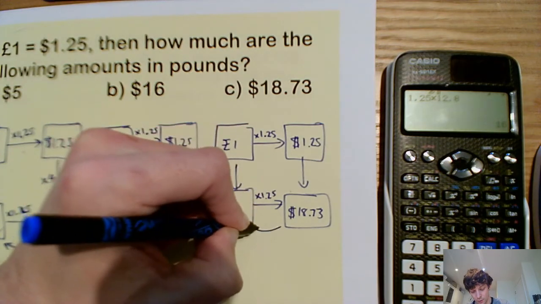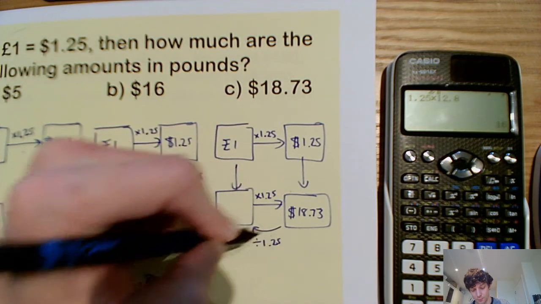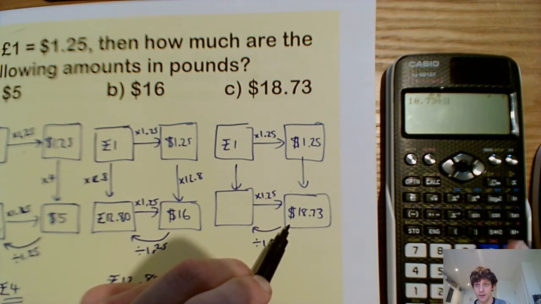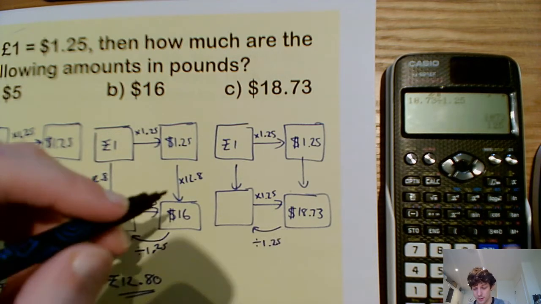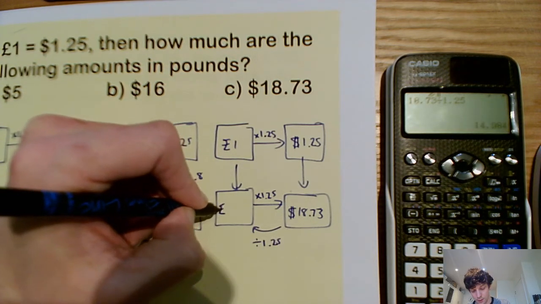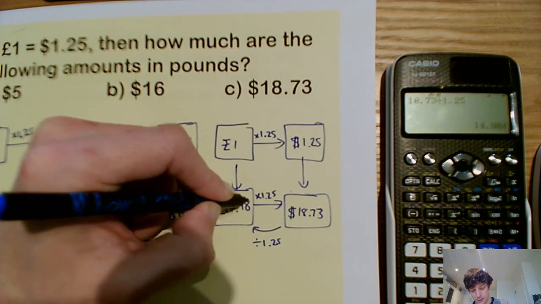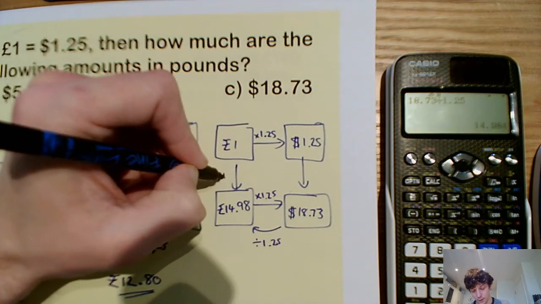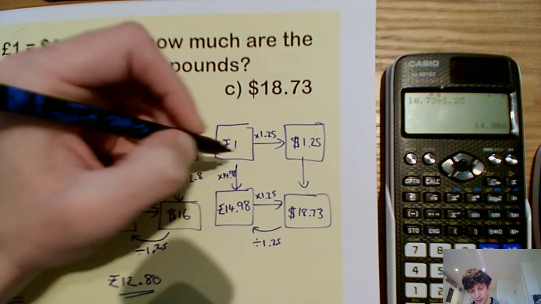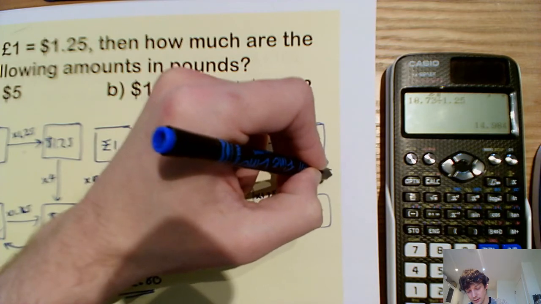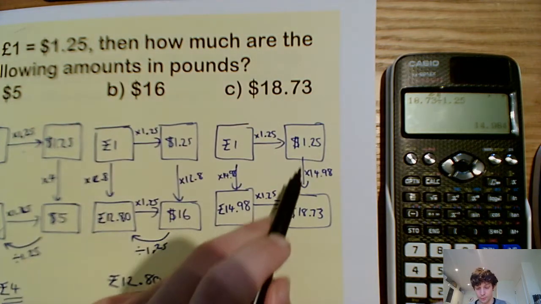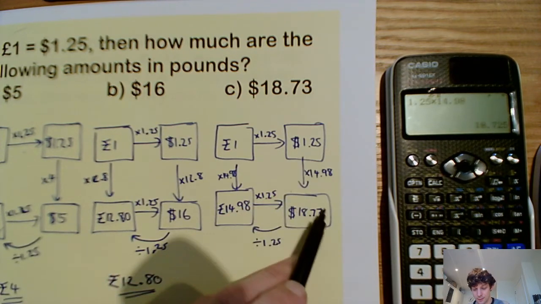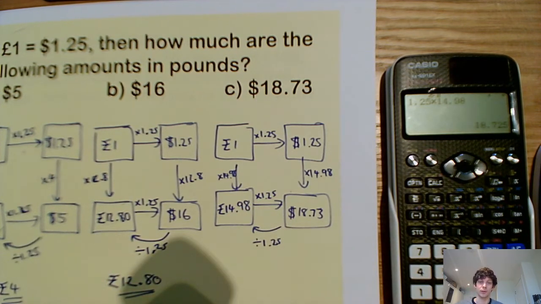So to go back the other way, I divide by 1.25. 18.73 divided by 1.25 gives me £14.98. It does say 14.984, but I'm rounding to 2 decimal places. So I've got 1 times 14.98 going down. To do my check, 1.25 times 14.98 is 18.725, which would round to 18.73.